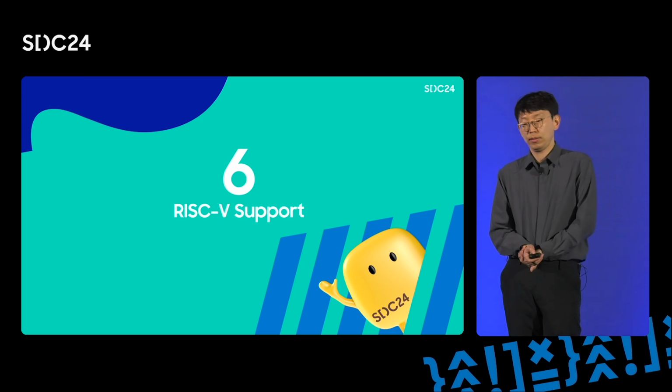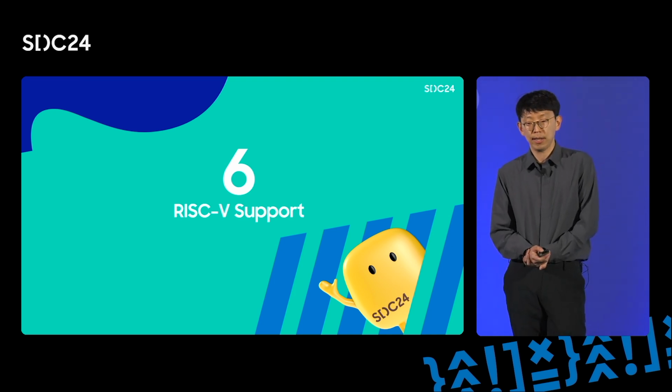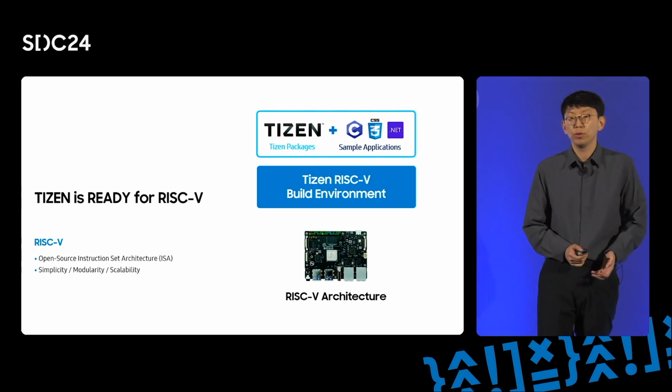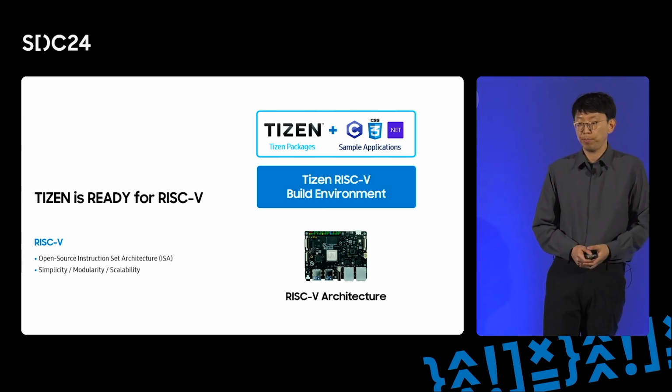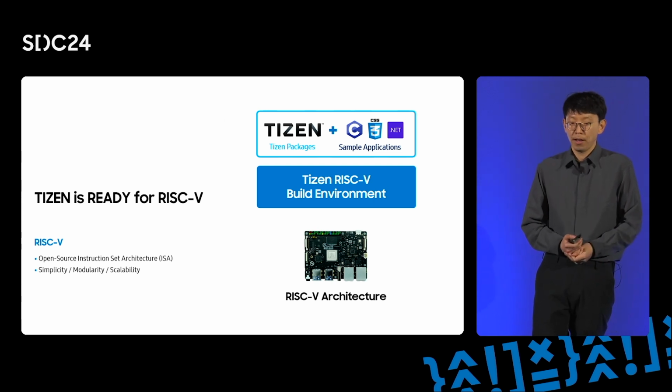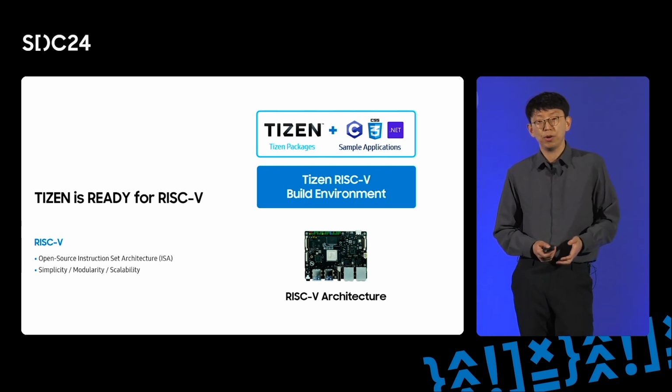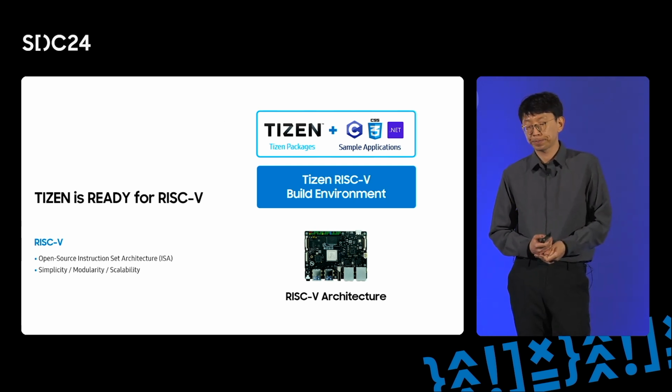Finally, let's discuss RISC-V support in Tizen. RISC-V is an open source instruction set architecture that provides flexibility in hardware design. It allows for customization and scalability, making it suitable for a wide range of computing devices.